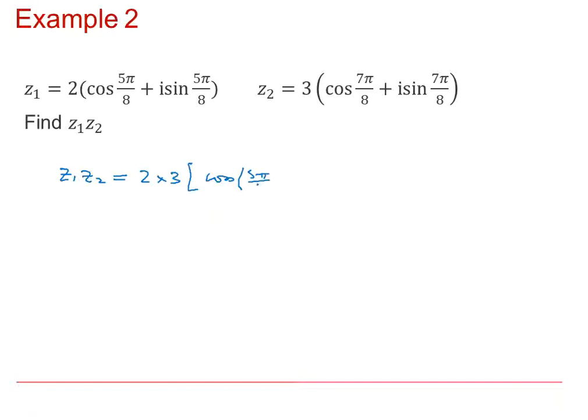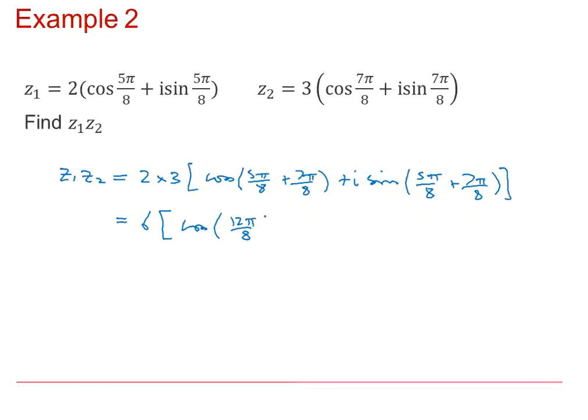So that's 5 pi by 8 plus 7 pi by 8, plus i sine, and again to get the argument we add the individual arguments together, 5 pi by 8 plus 7 pi by 8. So tidying this up, 6 cos 12 pi by 8 plus i sine 12 pi by 8.